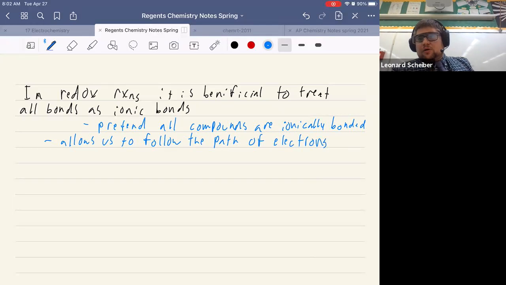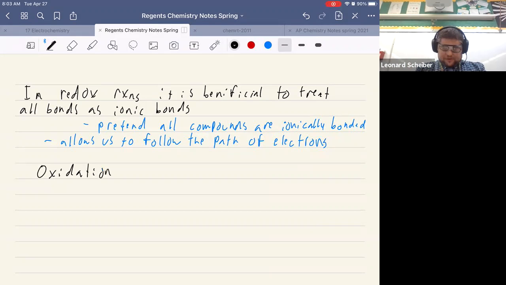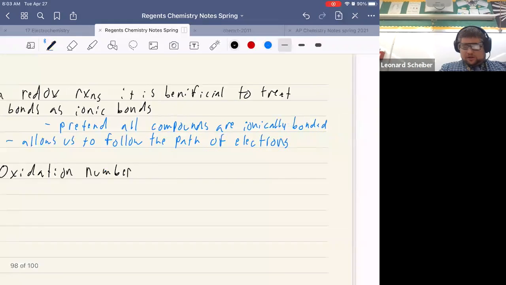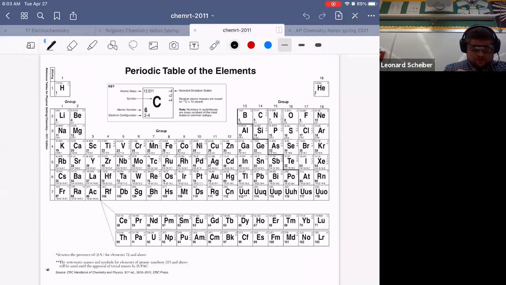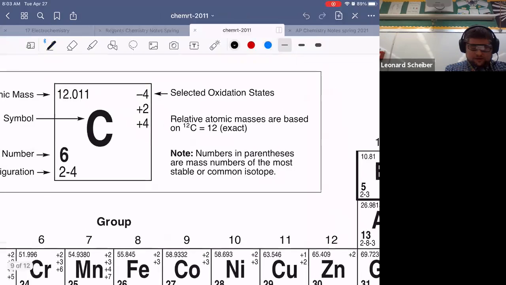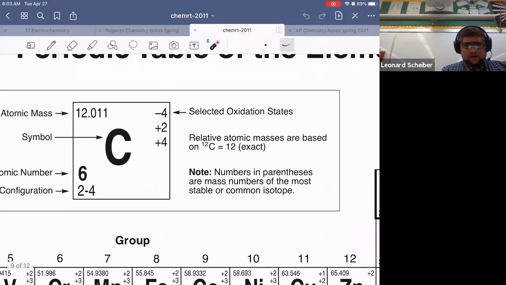So electrochemistry is all about what's happening with the electrons, right? So we want to be able to follow where the electrons start from and where they end. So what we're going to do is give every element what we call an oxidation number. I know a lot of you were asking me, Mr. Schreiber, on the reference table, why do they call it oxidation state instead of a charge?